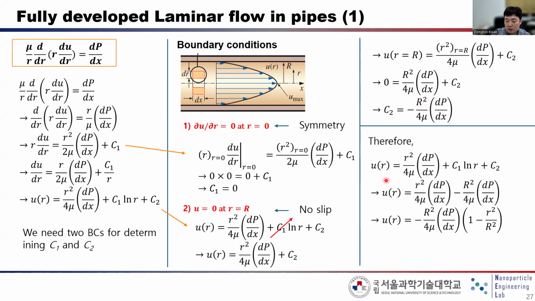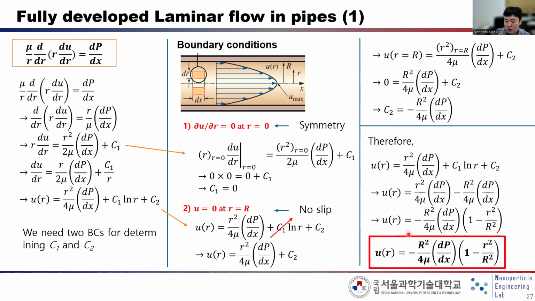Therefore, we can plug the C1 and C2 values into the original equation, and conclude that the velocity profile looks like that. Basically, this is the pressure gradient in the x direction, the axis direction, and the other part is a geometry parameter.